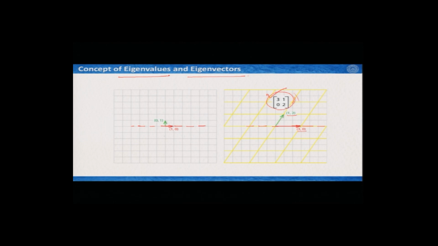But this green vector, if I consider the span here like this, it was here, but after the application of this deformation matrix, the span of this green vector has rotated from its previous position.